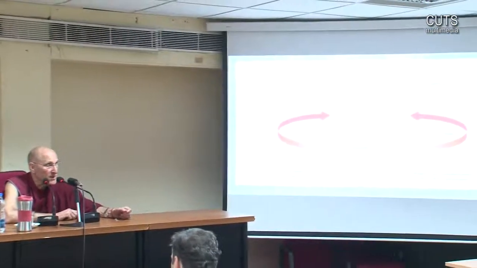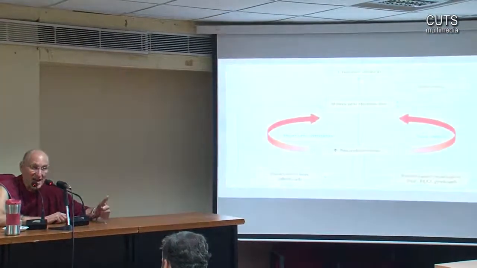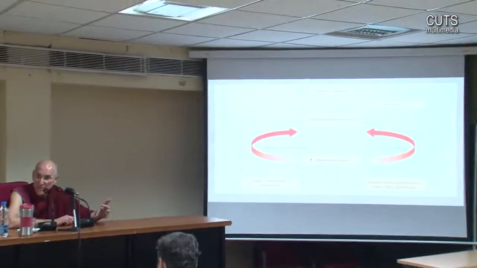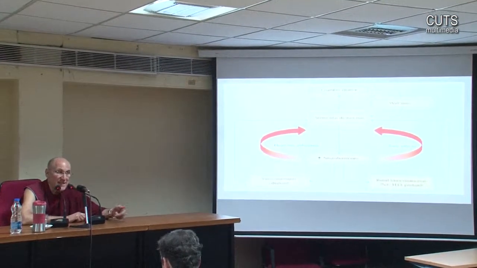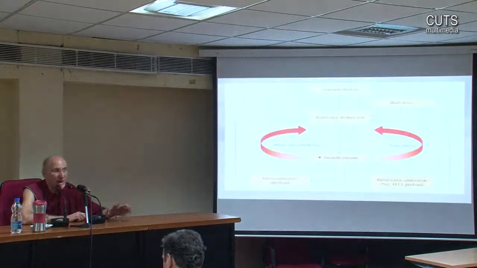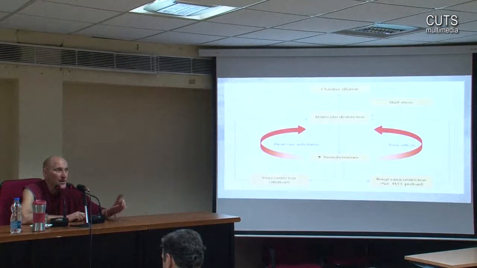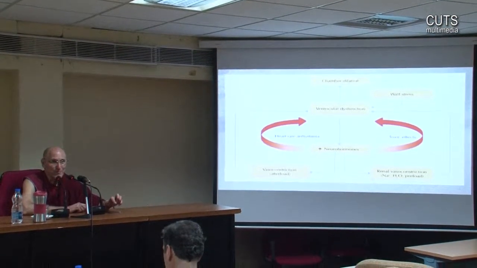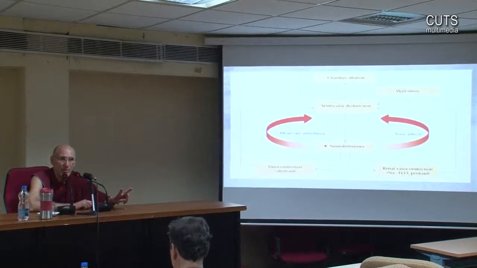So arrhythmia just means an abnormal heart rate. There are a number of possibilities. One is that it's fast. Another is that it's slow. Another is that it's irregular. We call that third one irregularly irregular, because there are two types of irregular heartbeat.